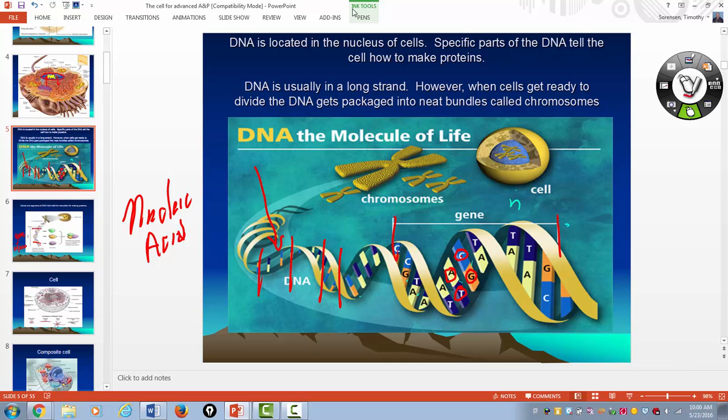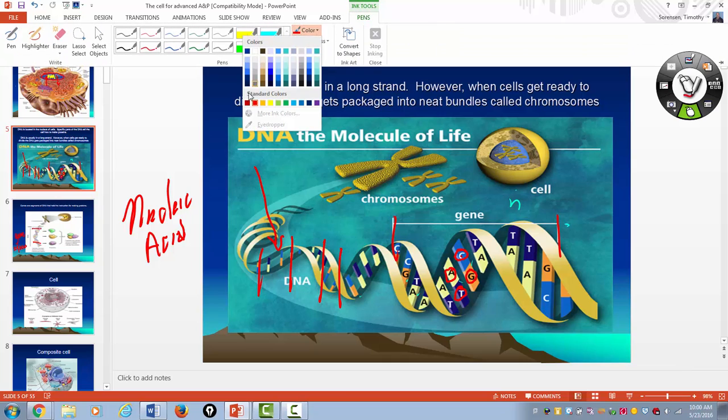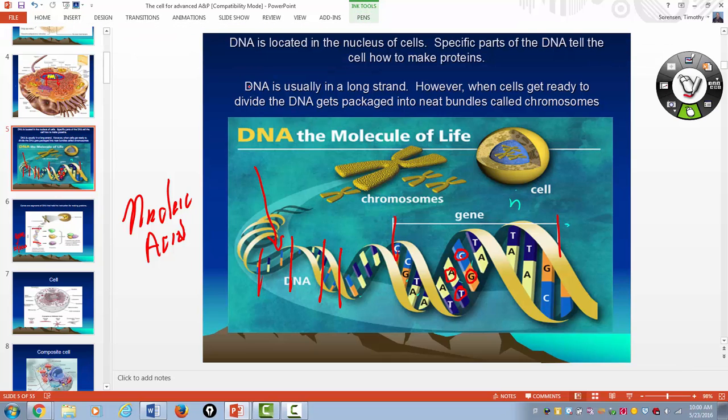One of the genes that controls cell division is called the proto-oncogene. And that gene, when it's turned on, will tell the cell to begin to divide. One cell becomes 2 cells.